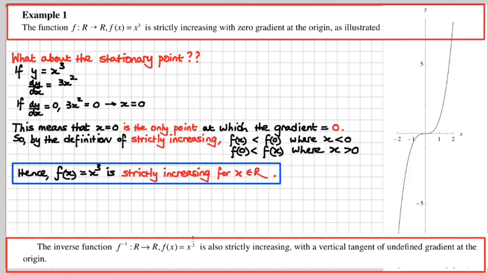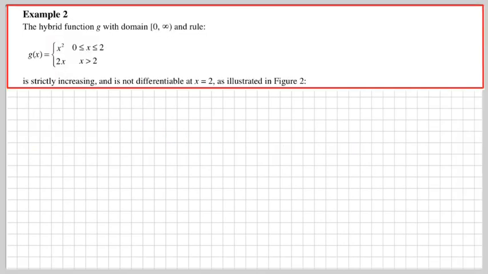If you follow my pen on the page, x to the third goes like this, vertical there at x is 0, and then continues like that. And it is the inverse of this function here. So yes, I can concede and agree that it is also strictly increasing. Pretty interesting, huh?